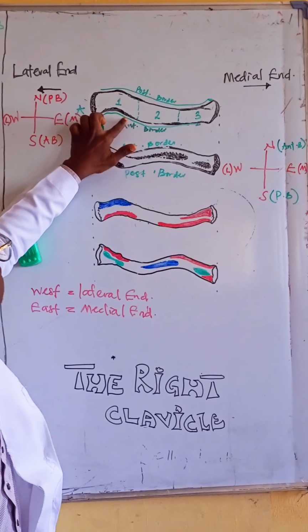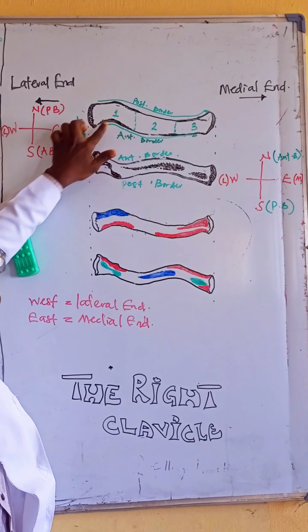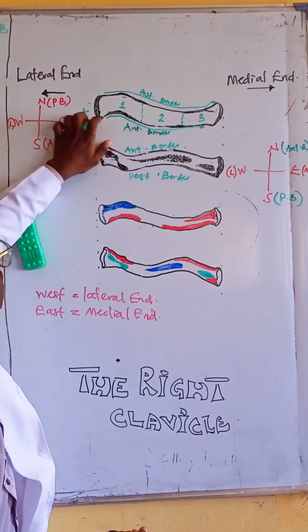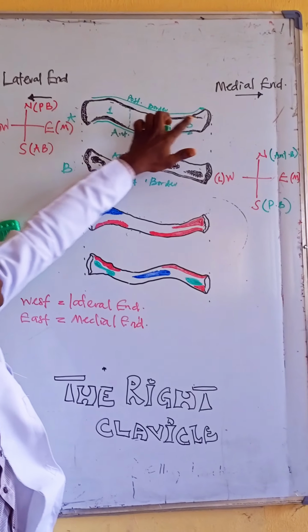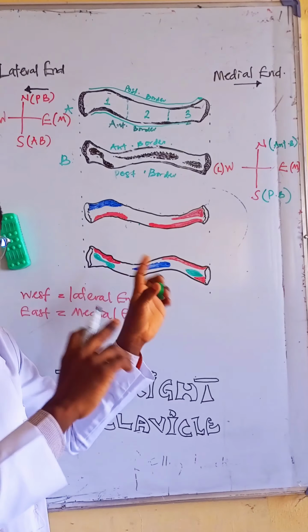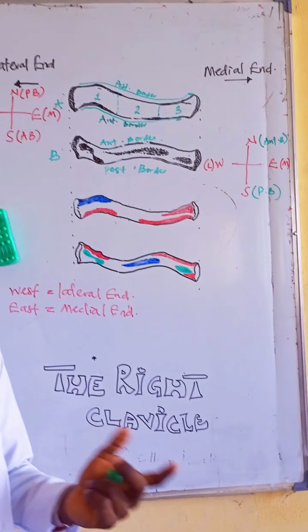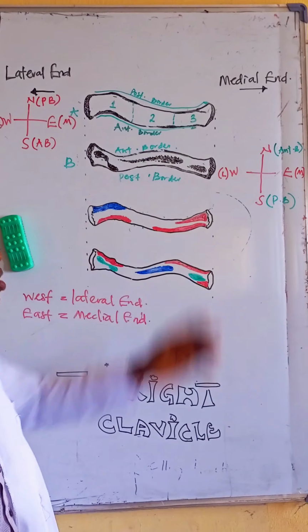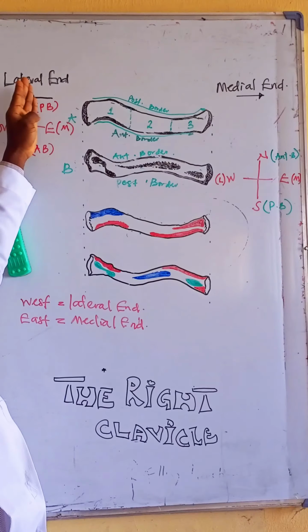Since the curvedness or the curved division of the clavicle from this side is less compared to this side, you're just having one of the whole share. That's one third, just like a ratio, one third, two third. So this is the medial two third and the lateral one third.